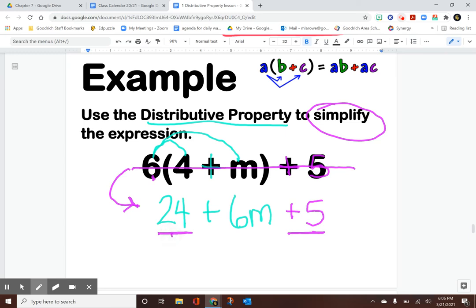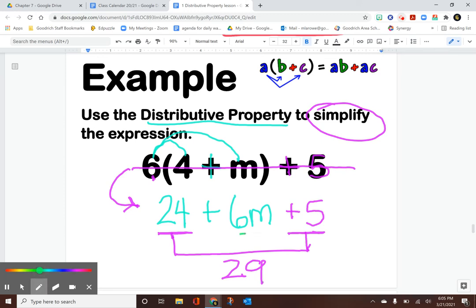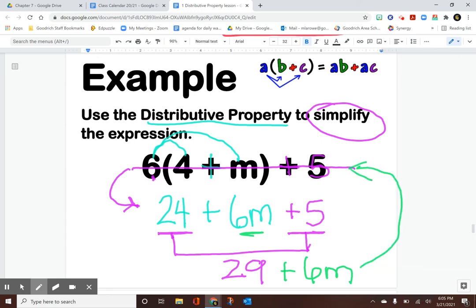So because I have 24 as a constant and 5 more now as a constant, I can put those constants together and call it 29. And then the variable term just gets added on the end. So 29 plus 6m is a way simpler way of talking about that original math expression. I went from having 1, 2, 3, 4 terms down to just 1, 2.